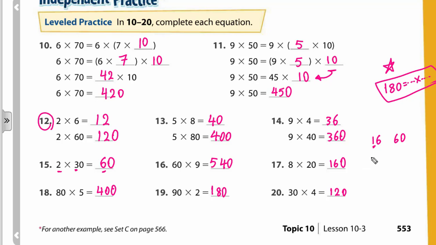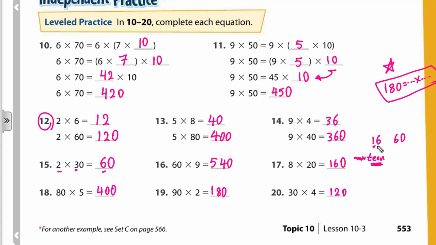All these numbers, we end them with this sound, teen.